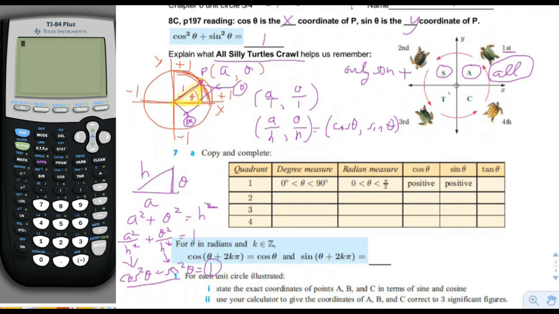And then in the third quadrant, only tangent is positive. Everything else is negative. And in the fourth quadrant, only cosine is positive. Sine and tangent are both negative. Okay, so it's just a way of remembering what's positive and what's negative.